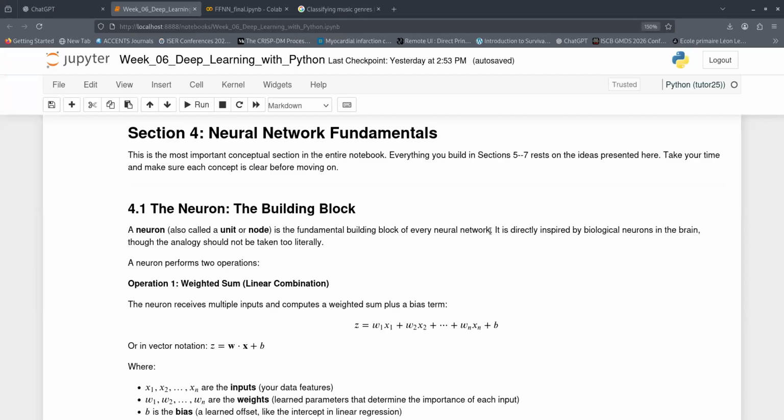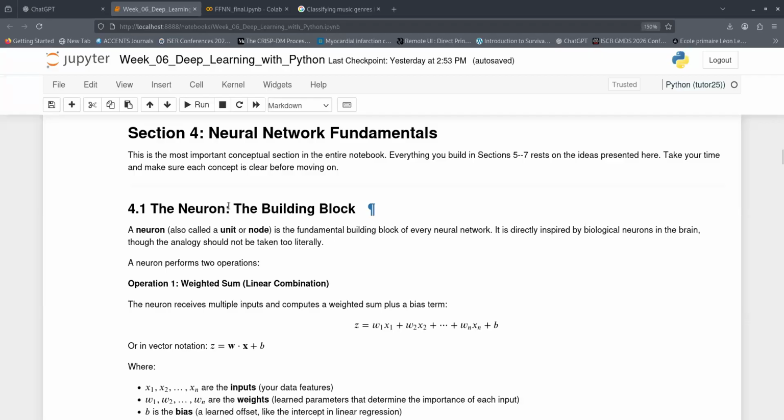For those who are in the medical field, they study some neurology or biological concepts. They know what a neuron is, the central part or the unit. So this is directly inspired by biological neurons in the brain. If you Google how the biological neuron in the brain works, you will see it just mimics this neuron.